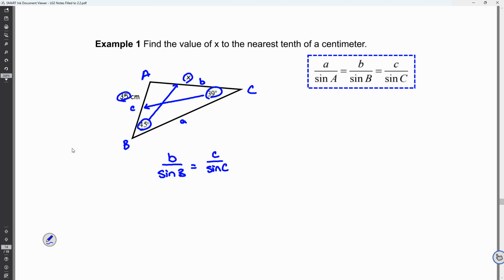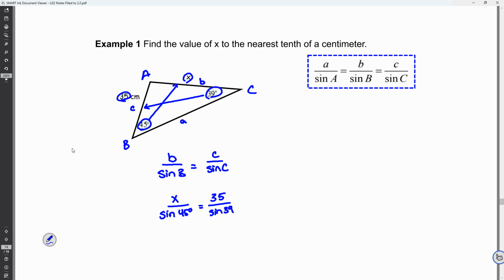So I'm going to replace everything that I know. Side length b is my x. Sine B is going to be sine 45. I know side length c, that's 35. And sine C is sine 39.